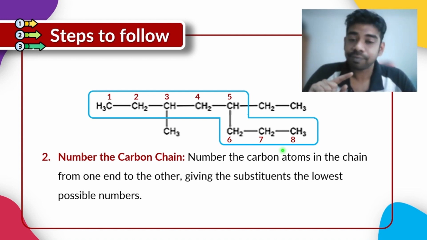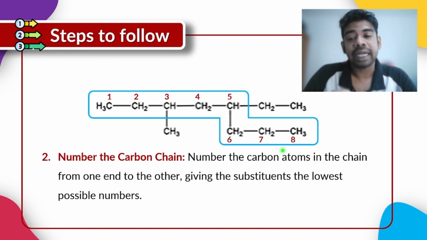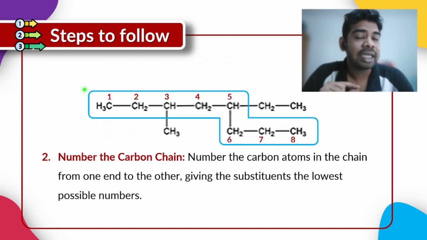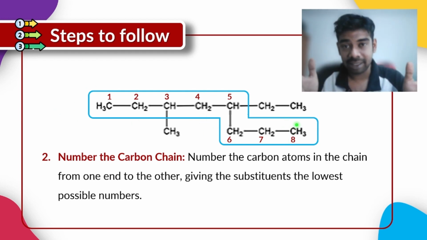And third, always make sure that while numbering, you are covering each and every carbon. Generally, there is a tendency that kids miss out the first one or the last one. So make sure that you select the entirety of it, right?